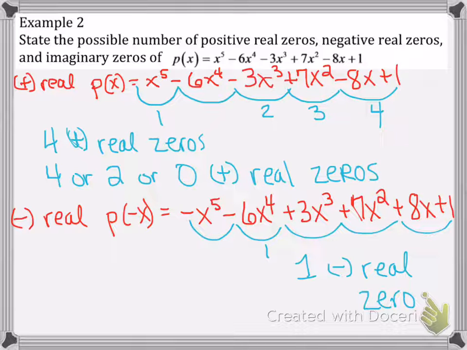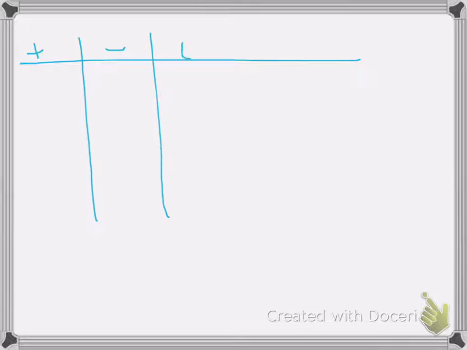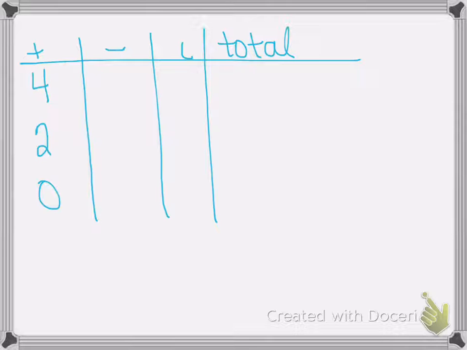Now what I will do is make a chart to figure out how many imaginary zeros I will have. So, now for possible positives, I could have had 4, 2, or 0.